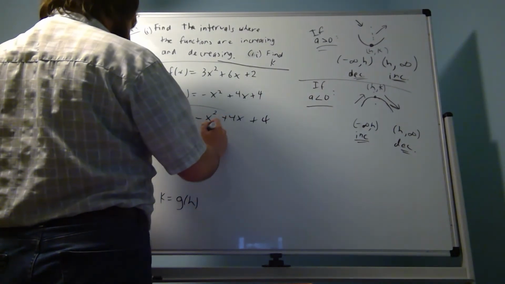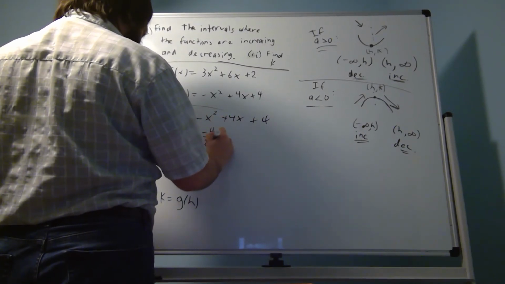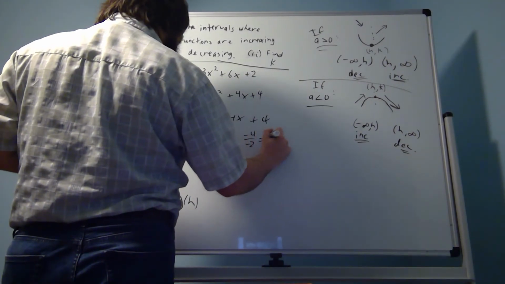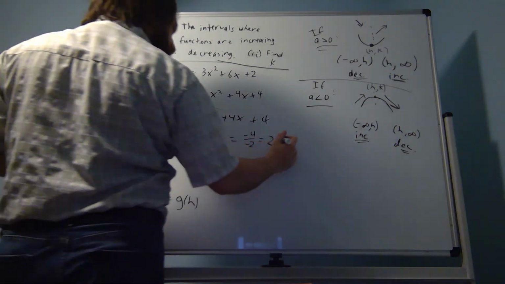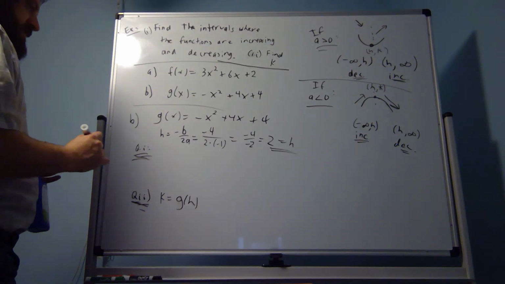H is negative b all over 2 times a, so negative 4 over negative 2 is positive 2. And that was what we were doing. We were finding h.